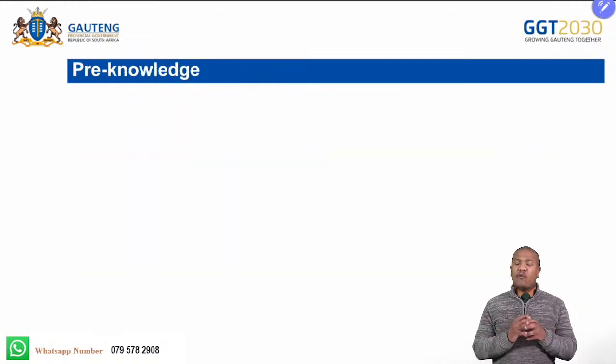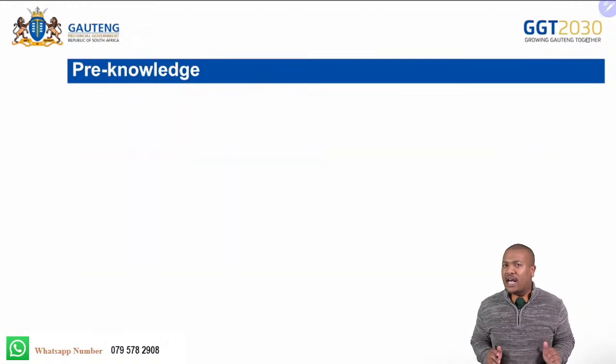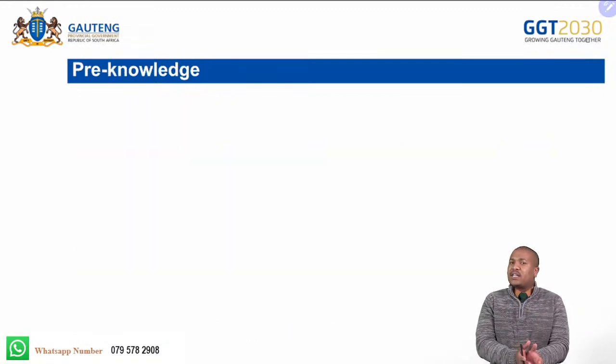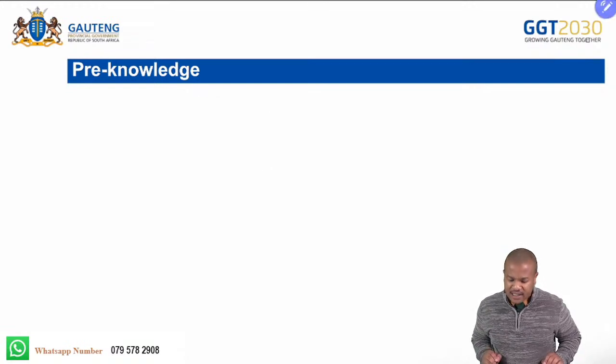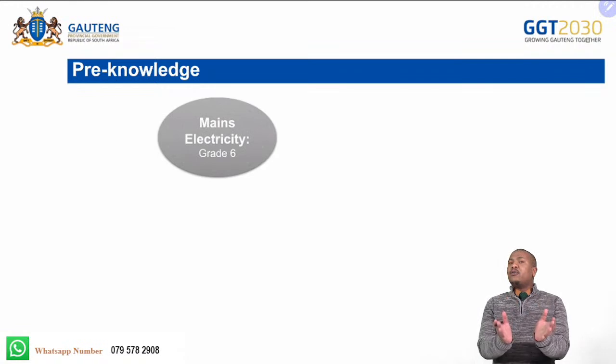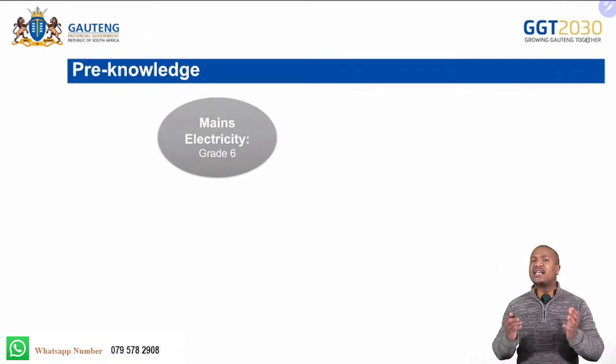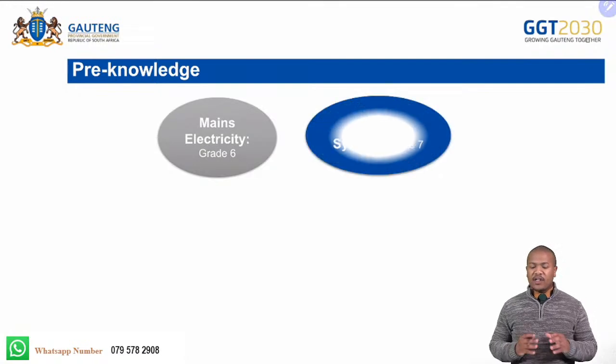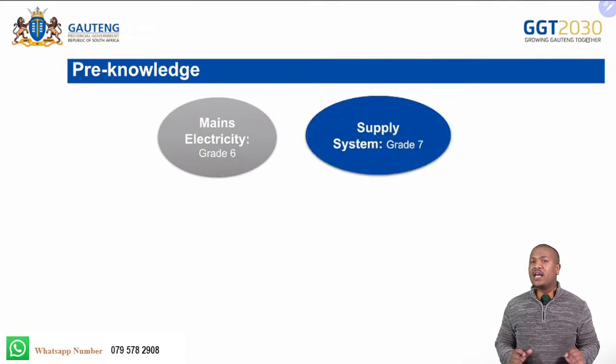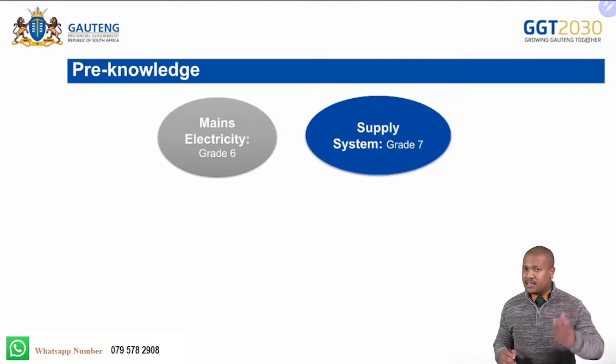Now, let's move on to what we have done before, in the previous grades and also in this same grade prior to today's lesson. In grade 6, we introduced mains electricity. Later on in grade 7, we spoke about the supply system.